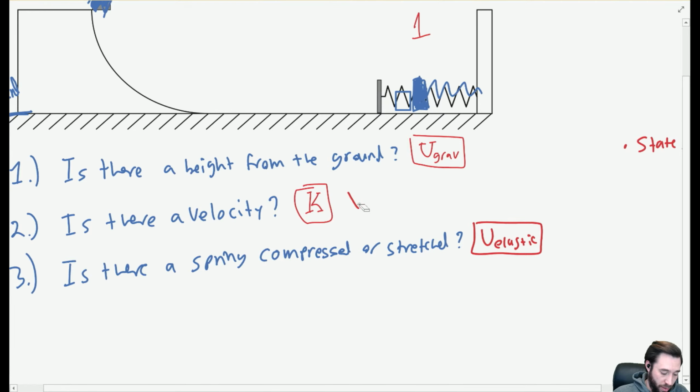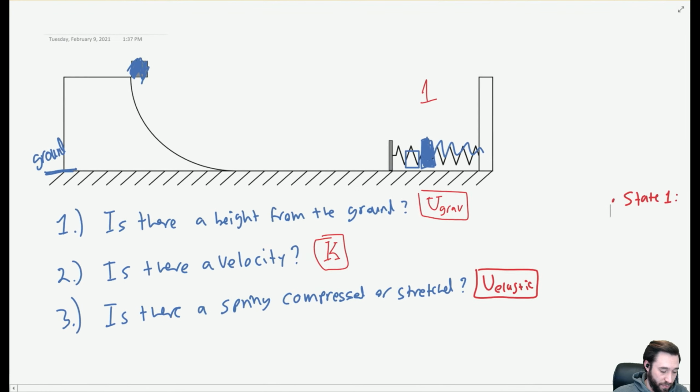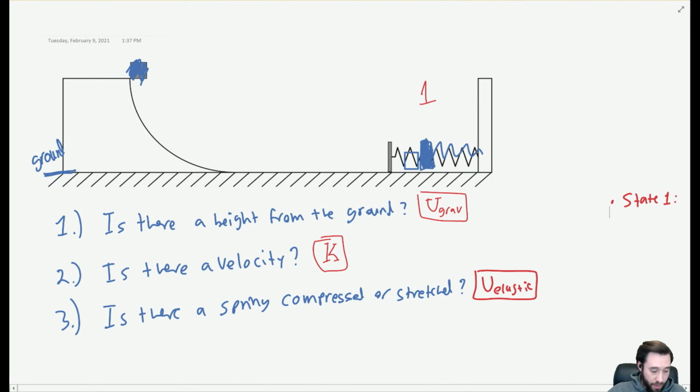And then all I have to do is ask those same questions at state 2. So state 2 is when the box is traveling horizontally, like that. The spring has now released it and it is traveling horizontally in this direction.